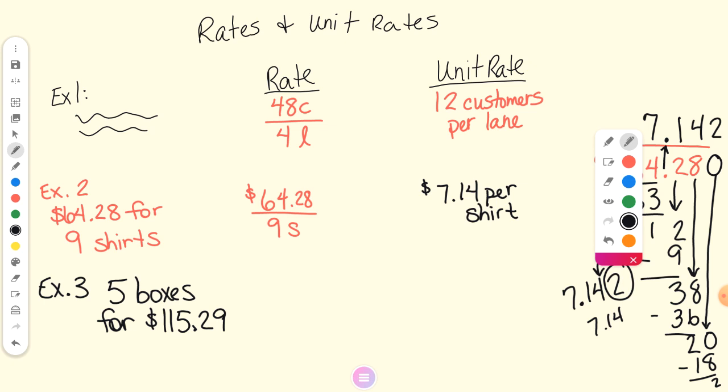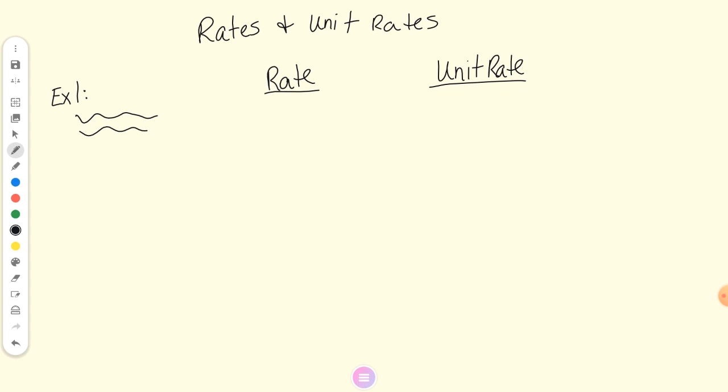Yeah, so that's the problem. That would be given. Okay, so example 3. 5 boxes for, what was the number? 115.29? Okay. What is my rate for that information?